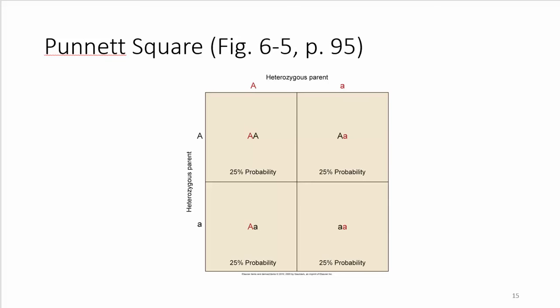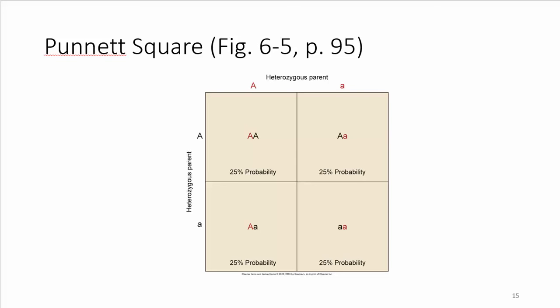So say, for instance, the two parents are both carriers for the gene for polycystic kidney disease. Well, they probably don't know they're carriers, but if they were to have 4 children, the probability of one of the children not being a carrier is 25%.